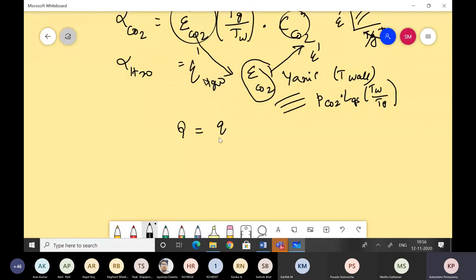Now Q by A is equal to emissivity of gaseous mixture into sigma Tg power 4 minus alpha G sigma T wall power 4.